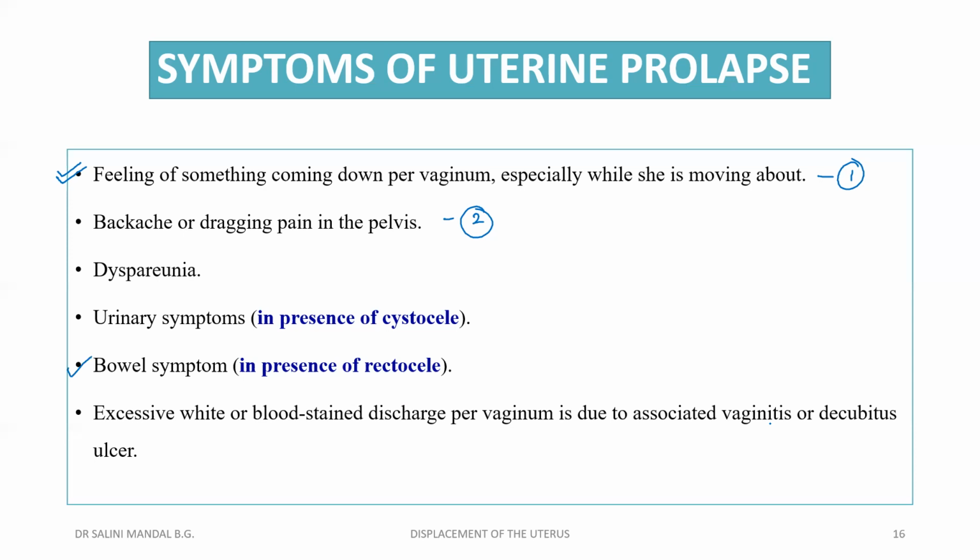Okay, so basically what will happen, they can get keratinization, then followed by cracks, then infection, then sloughing, followed by ulceration. And when there is all this, there can be excessive white or blood-stained discharge, infection basically. Okay, so these were the symptoms of uterine prolapse.